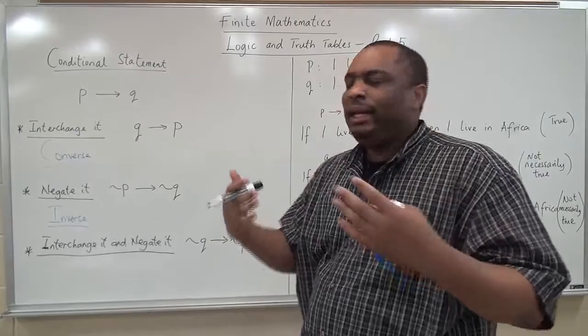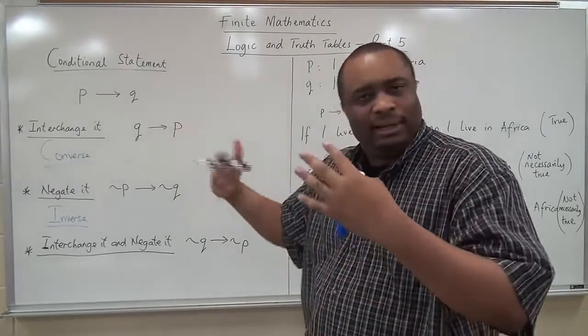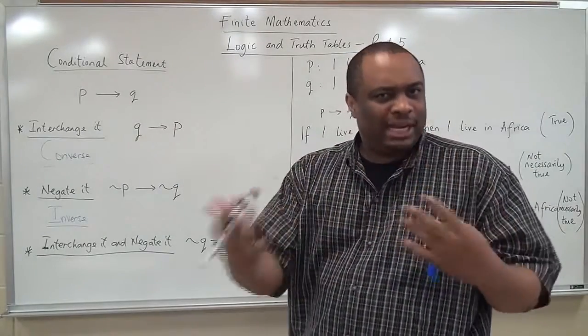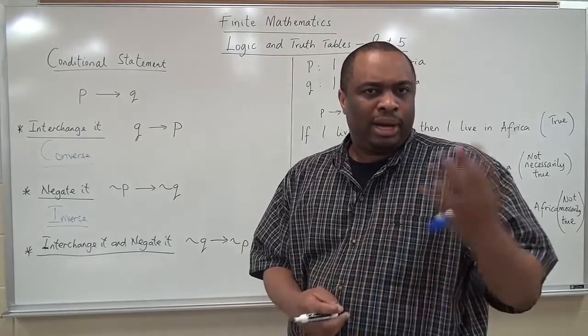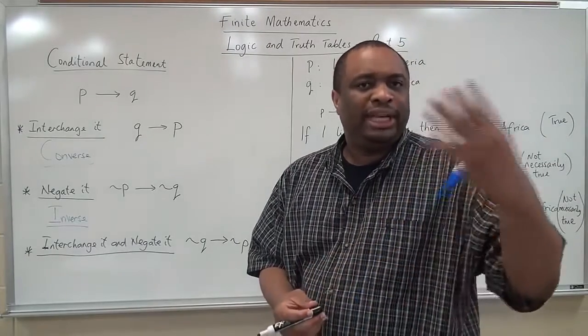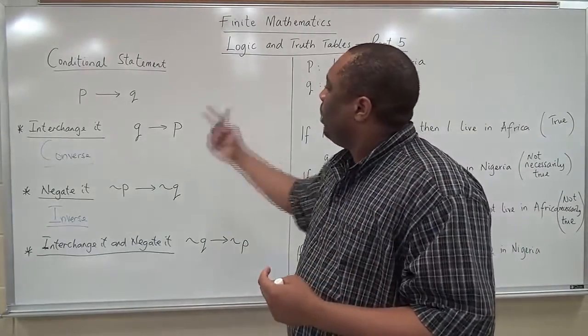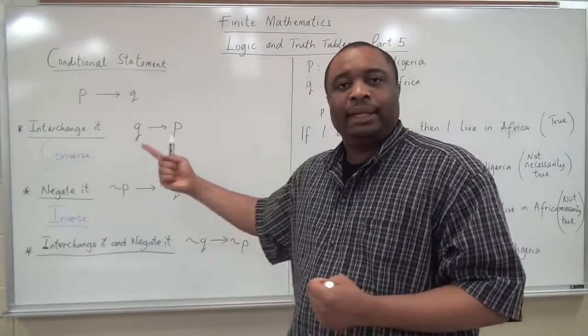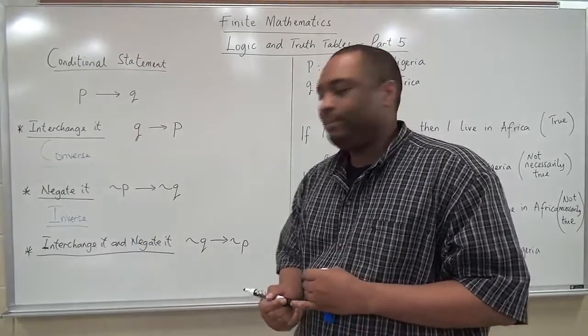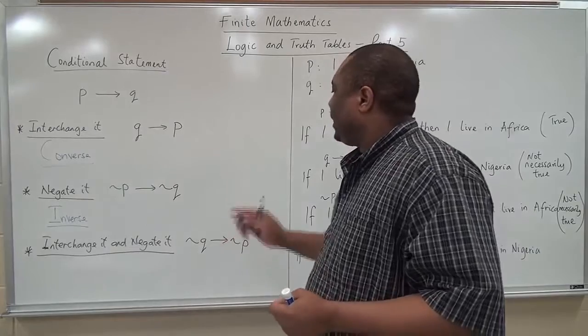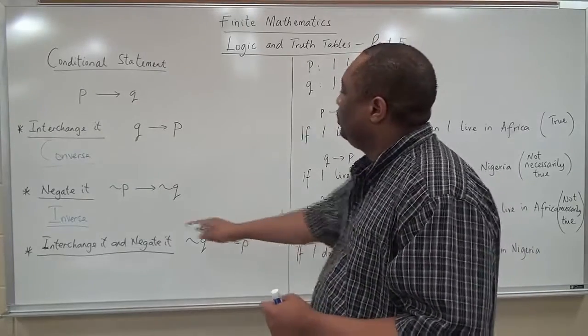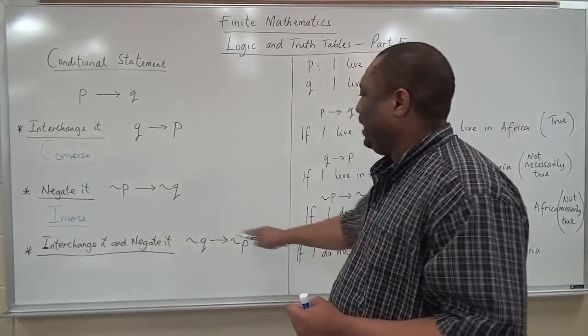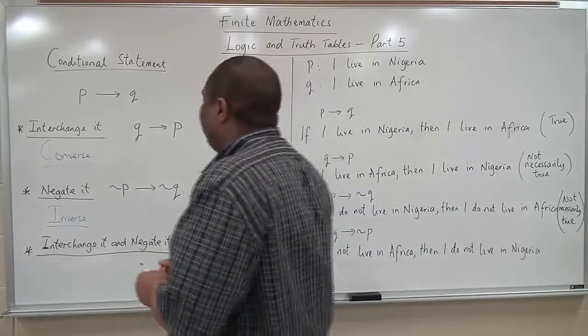And then we want to see whether some of these statements are logically equivalent to each other. We want to see whether one statement is logically equivalent to another statement. Okay, that is what we want to do. So this interchanging and negating is what we call contrapositive.